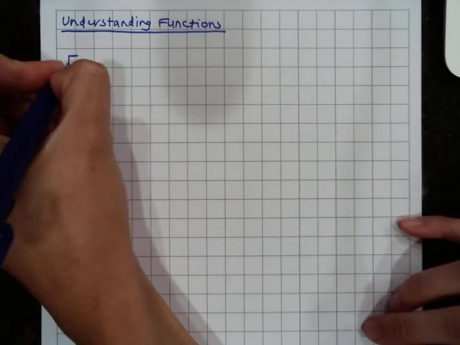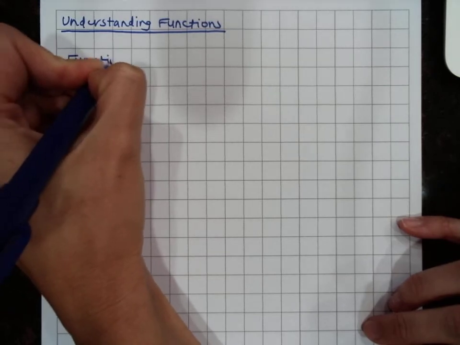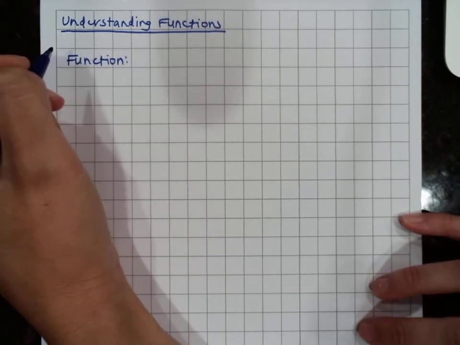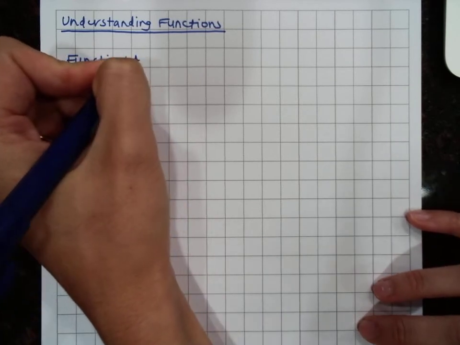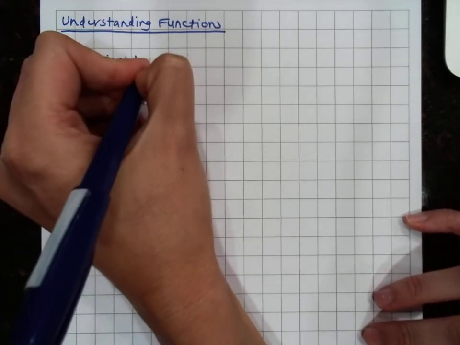So the definition of a function is a relation where every input has only one output.